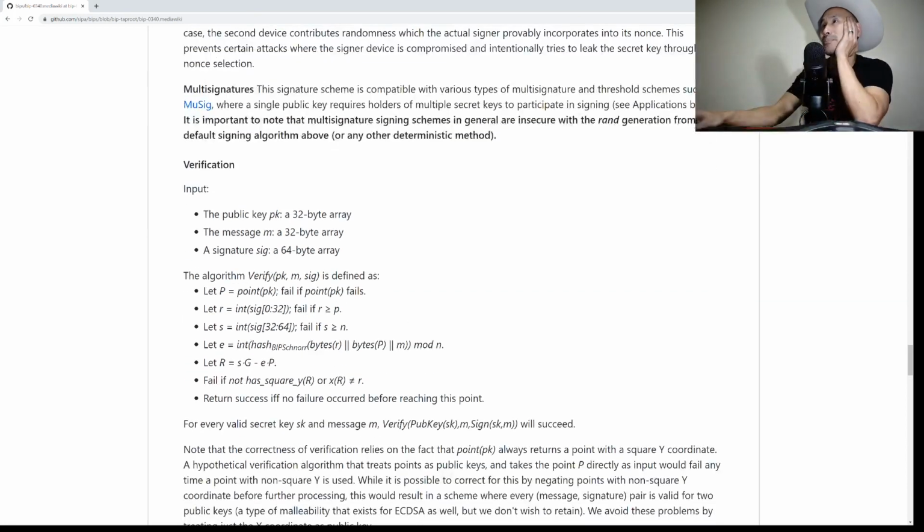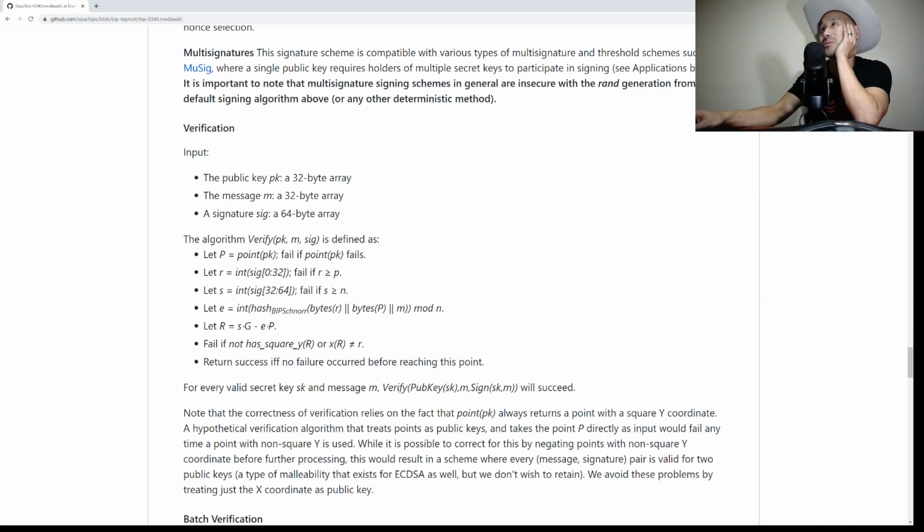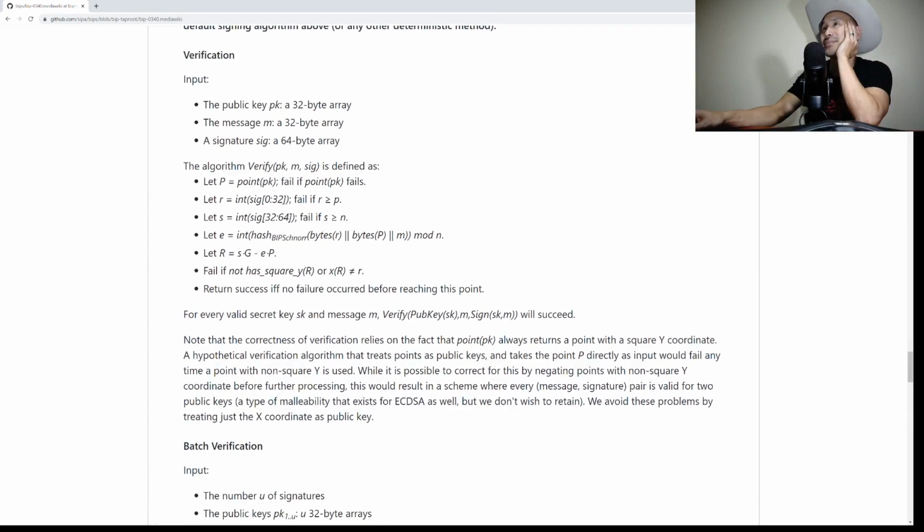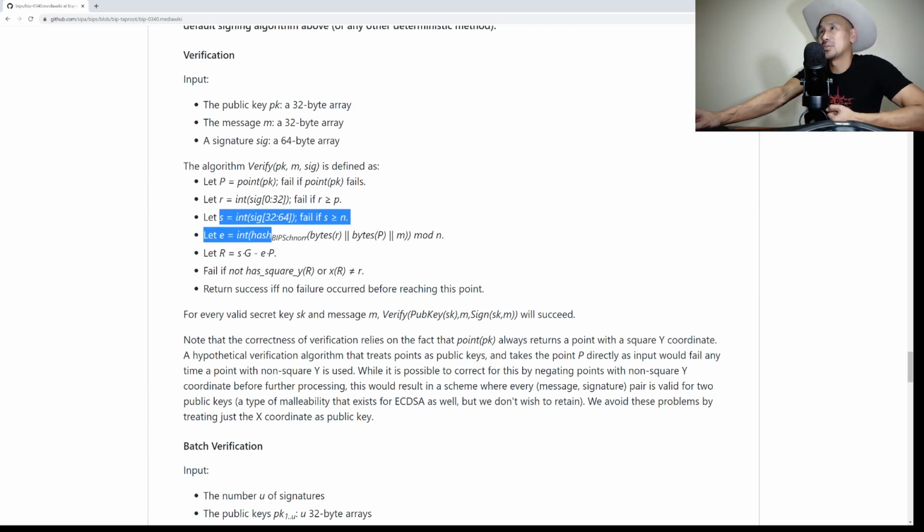Verification: the public key, message, and signature, 32, 32, 64 bytes respectively. The algorithm verify PK msig is defined as P is the point of the public key, and you need to interpret it as a public key. And then R is the first 32 bytes interpreted as a big endian integer, and it's basically the x coordinate of the resulting point.